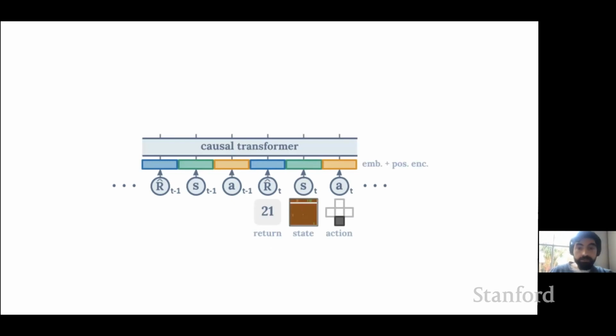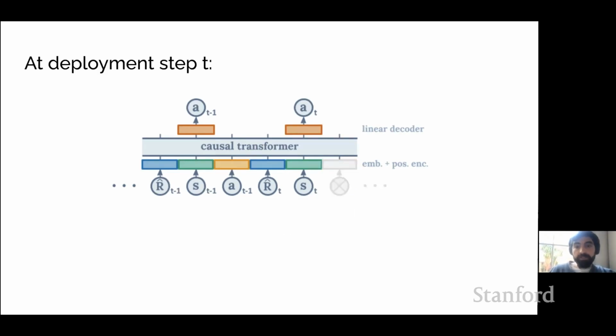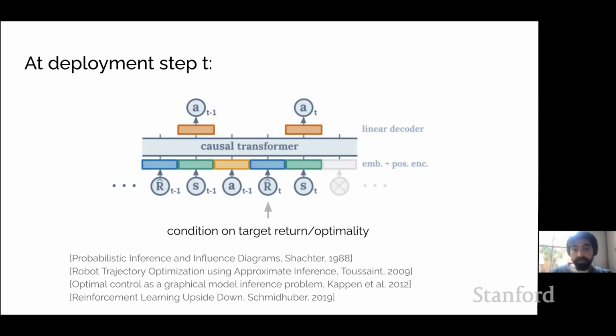So we take these tokens of return, states, and actions, feed them into a causal transformer model, such as what GPT models use, and we ask it to predict sequences of actions. At deployment time, we just autoregressively predict these action sequences conditioned on some target return, or maybe more broadly, some notion of optimality.